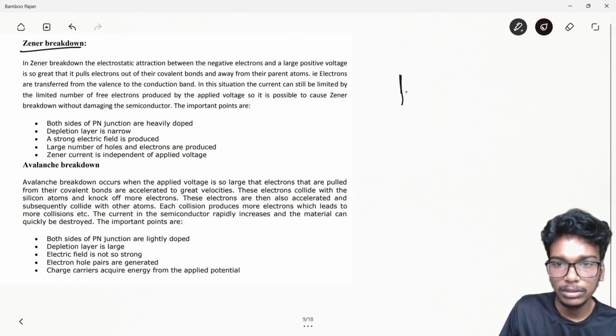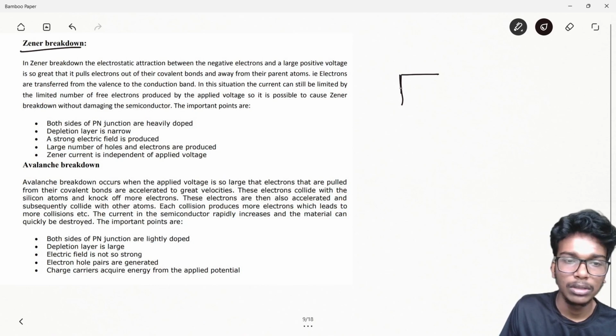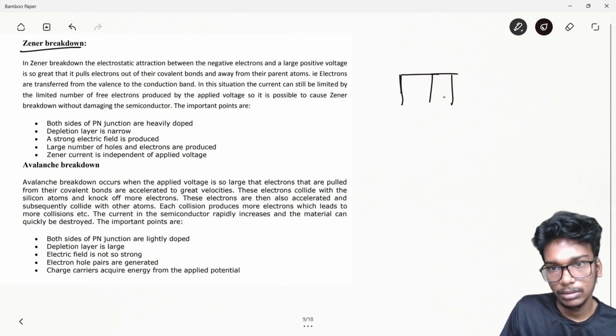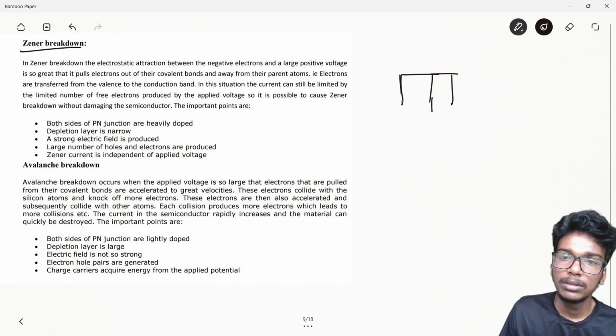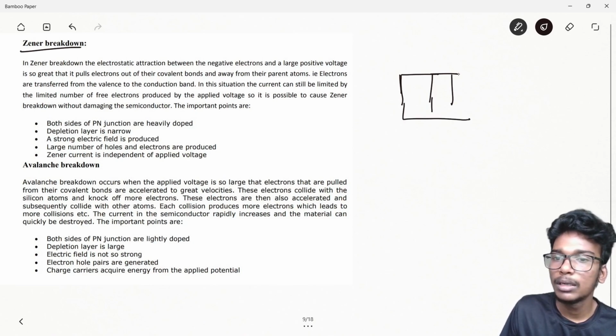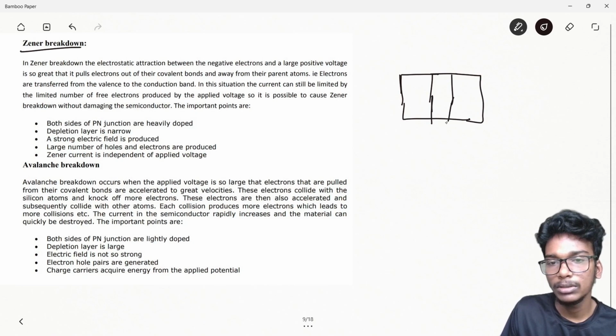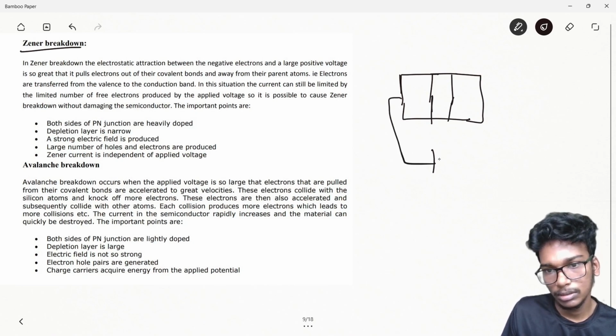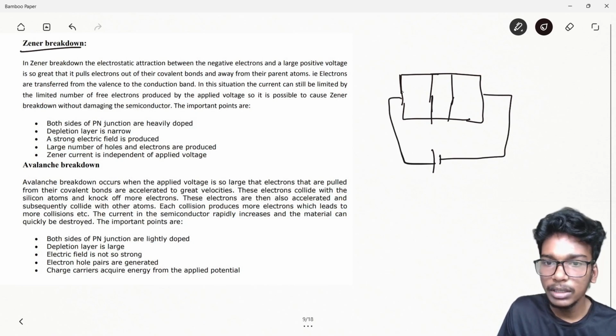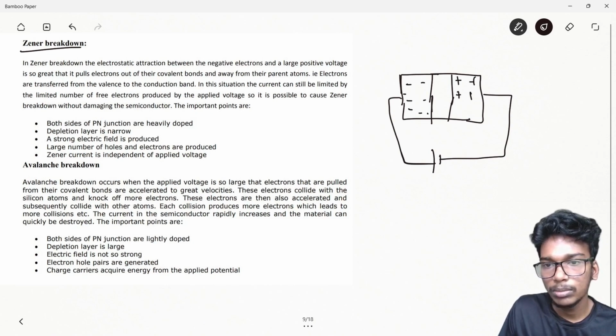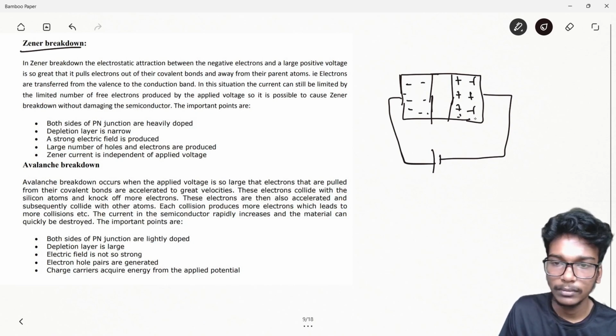If you are going to use a typical PN junction diode, just consider these electrons and these positive charges, and this is connected in reverse bias, right? Negative is connected with positive, and positive is connected with negative.